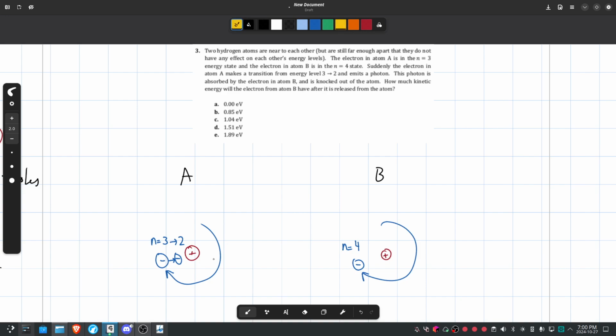And it emits a photon. This photon is absorbed by the electron in atom B and is knocked out of the atom. So once again, here's the thing.